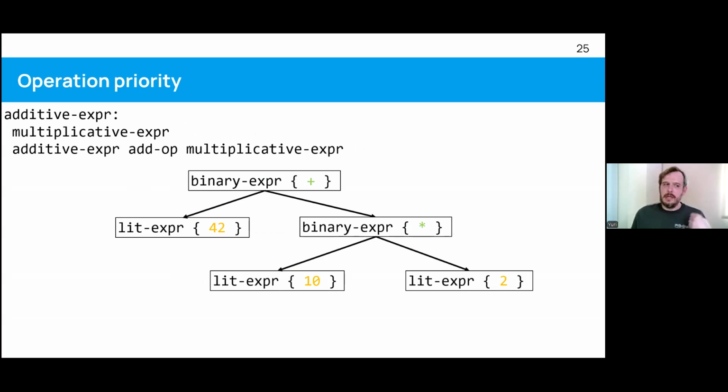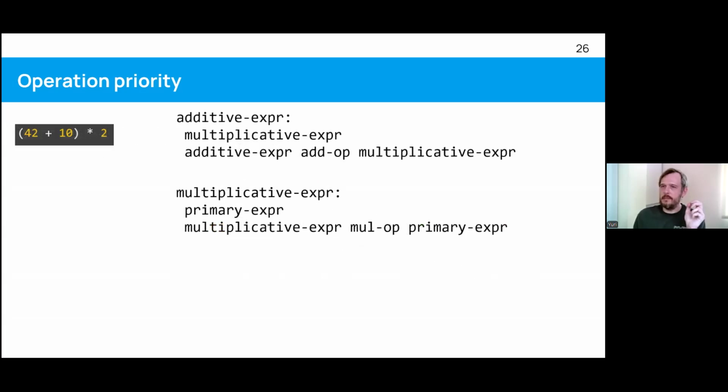Okay, so right now in our grammar here, we have addition, we have multiplication, but when we write arithmetic operations, like in real life, and we want to do it in programming languages, we can manipulate this operation order by using parentheses.